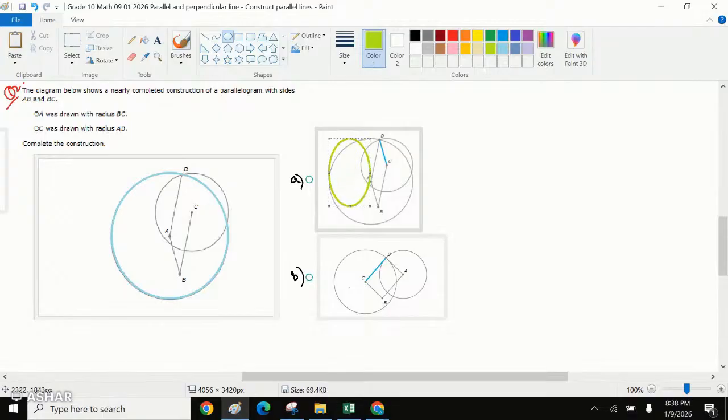This is the larger circle, and this is the larger. What about the next one? This is the larger circle, agreed? And this is the larger circle. So just by looking at the diagrams, we can say option B looks like a different shape. So it cannot be option B just by looking.